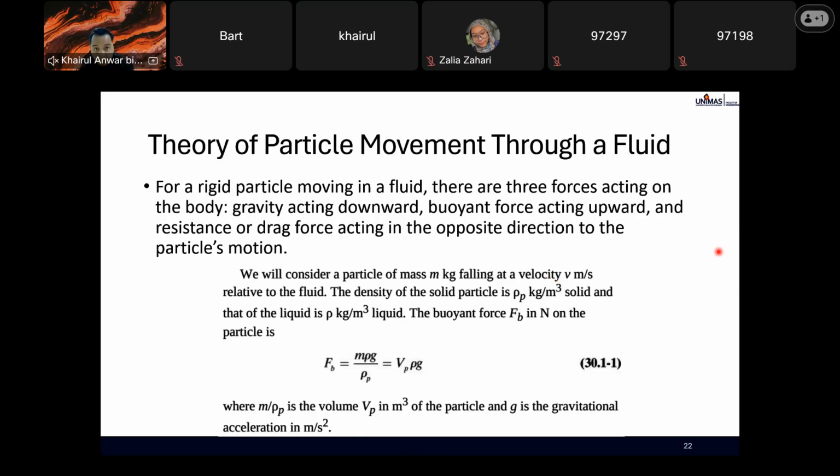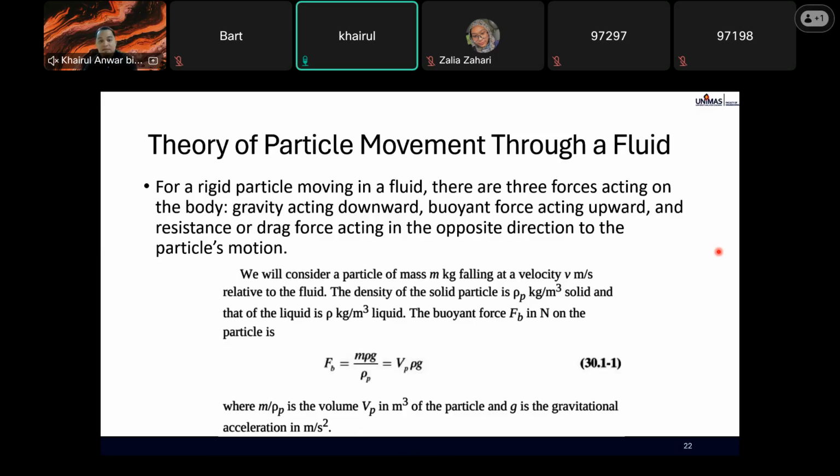These are the three forces acting on the rigid particle moving in the fluid: buoyant force, gravity, and resistance.